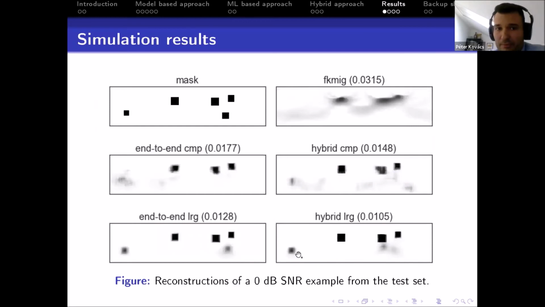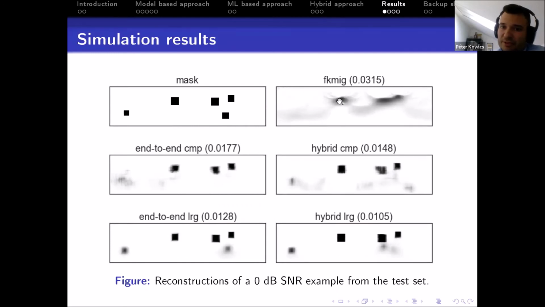Here you can see an example. On the top left corner, you can see the target mask or the target image, where the black squares represent the defects. So this is what we should estimate.